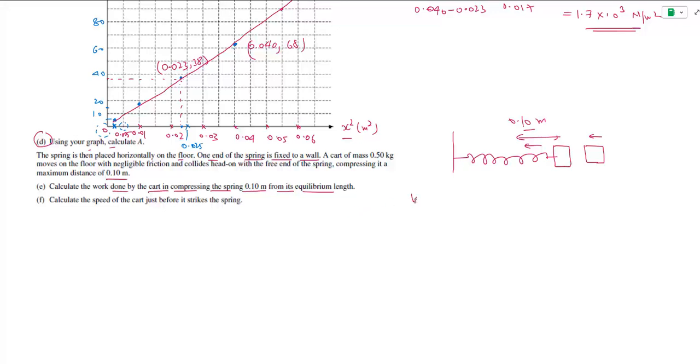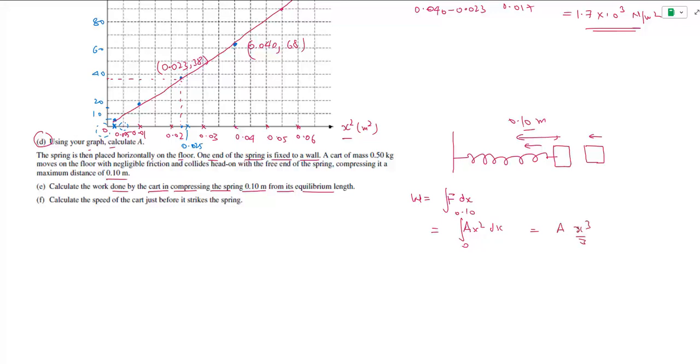Now we know that work done by the spring force is equal to, or you can use the basic formula for the work done, that is equal to integral F dx, because force is variable here. Force is A x square dx, and the spring is compressed in this range.